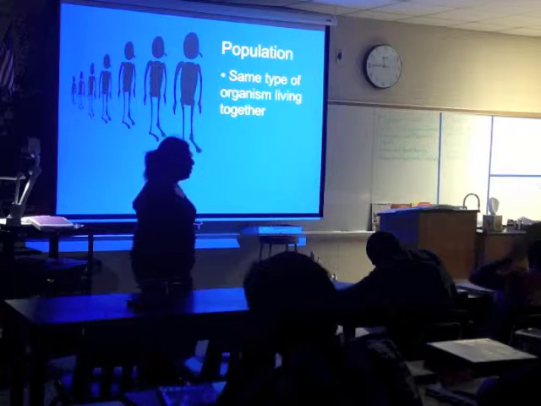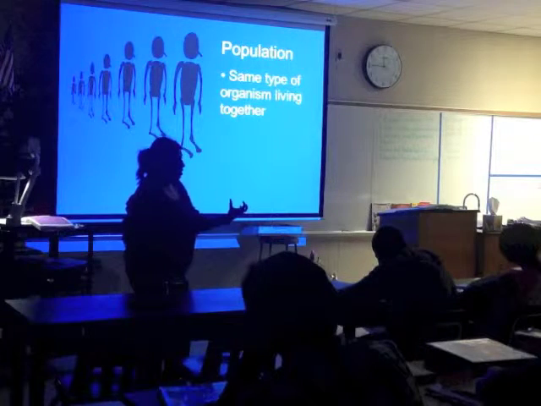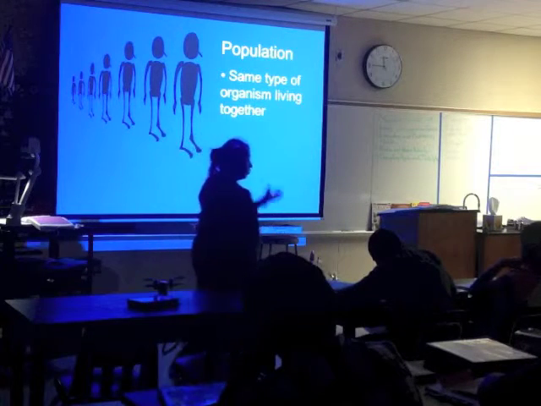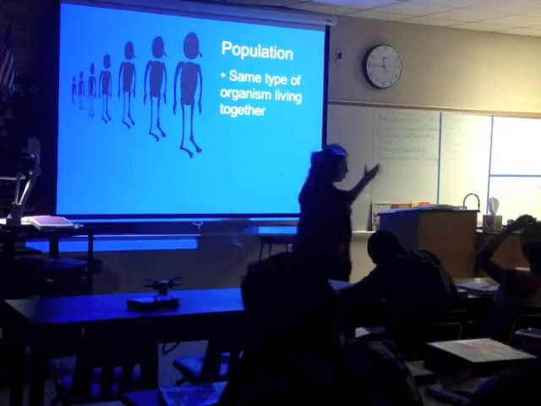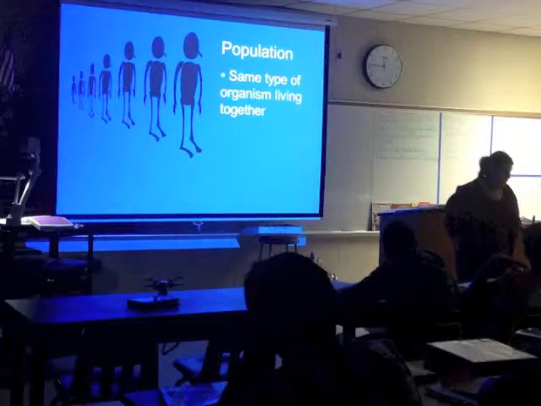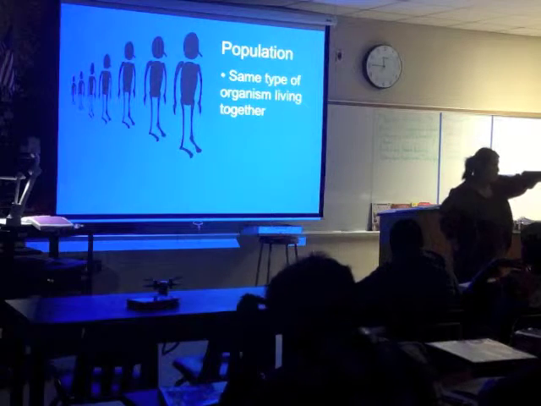So a population would be all of the fire ants in a specific area, or all of the swallows in a specific area. It's a type of bird, so it has to be the same species. A population would not be all the birds out there.